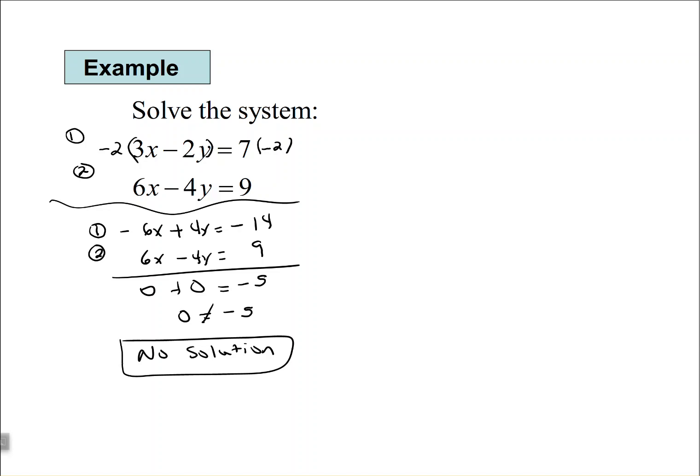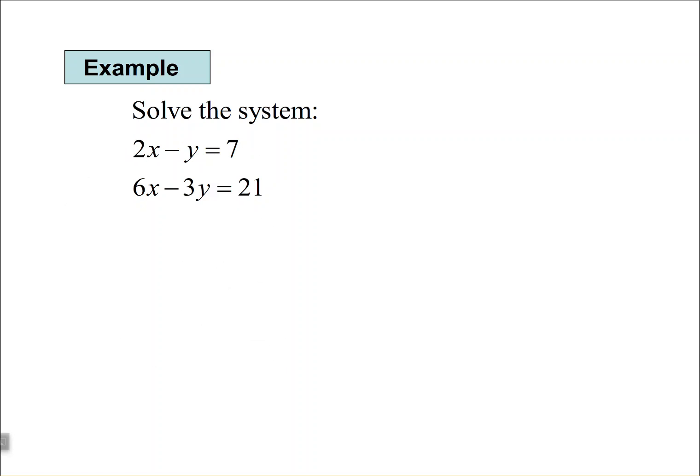Okay, let's look at another example. So in this system, we have 2x minus y equals 7 and 6x minus 3y equals 21. So here I'm going to eliminate the y variable. I know that my least common multiple for 1 and 3 is 3. However, I need to make one of those positive. Since I already have negative 3y in equation 2, I'm going to make the y in equation 1 into positive 3y by using multiplication.